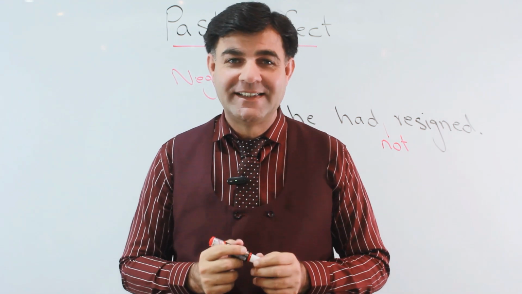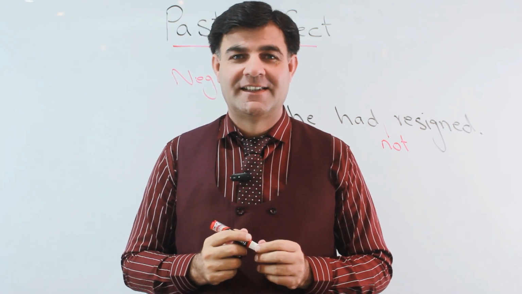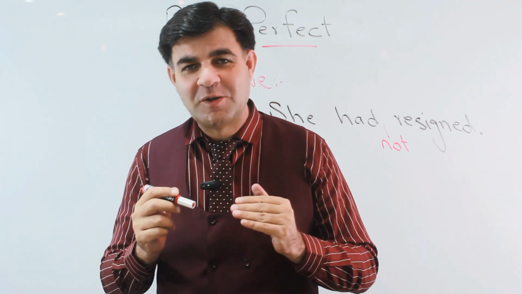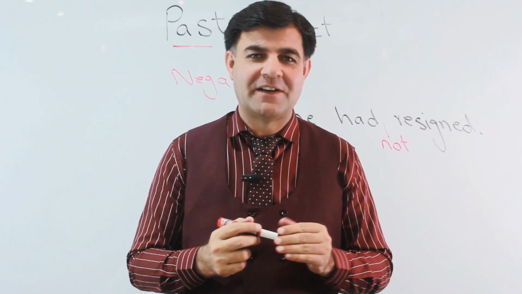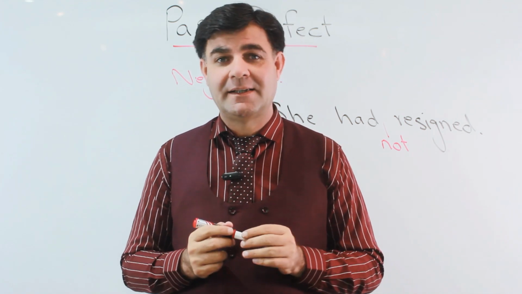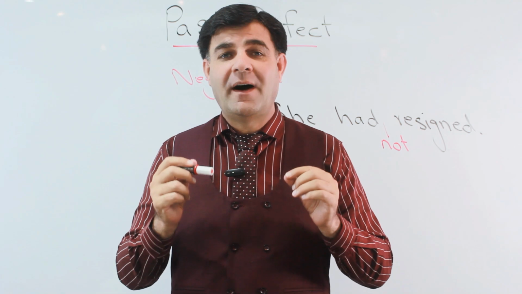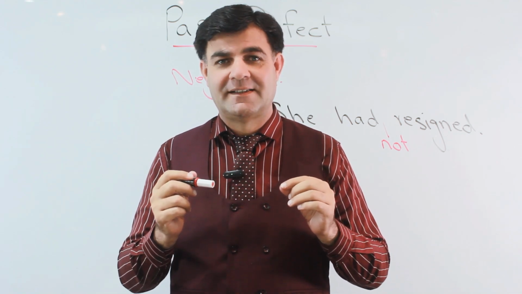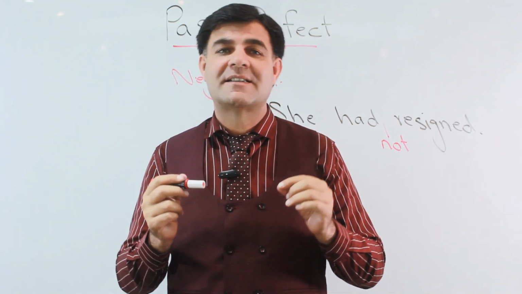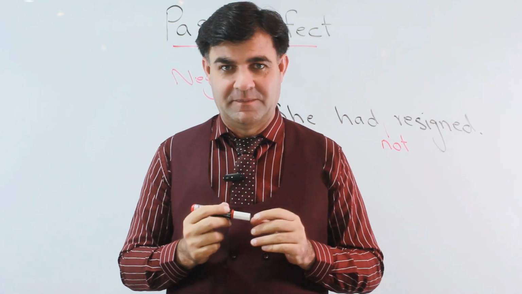I have explained all the formation, how to make it question, how to make it negative, with examples. But there is something remaining till now. Past perfect tense comes with past simple tense. One action happened before the other.